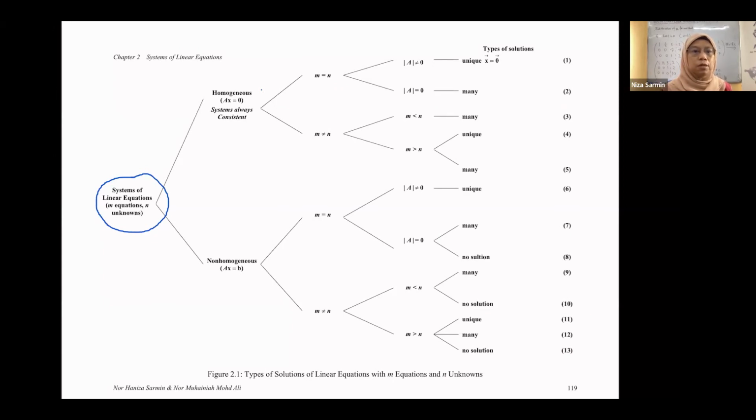I separate into Ax equals 0, that is homogeneous, and the non-homogeneous one, the one that we do today, is Ax equals b. Okay, as I mentioned, for the homogeneous one, it is always consistent. It is always consistent. All right, we will use this a lot in the next chapter.